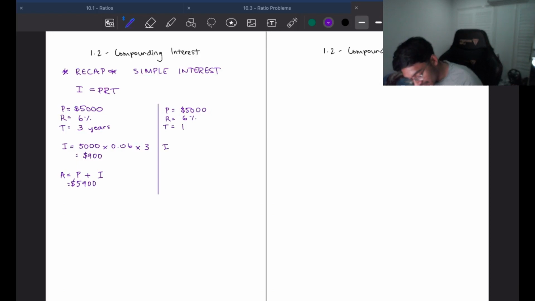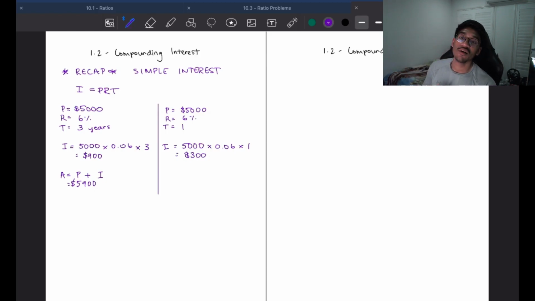I is equal to PRT. We get 5,000 times 0.06 times 1. Pop that in the calculator, you get $300. So after this 1 year, I've earned $300 in interest. So my total amount that I have is $5,300.